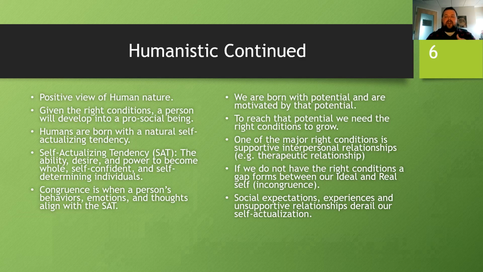We call that an incongruent state because they're divergent, which can cause a lot of stress, fatigue, just feeling stuck. Social expectations, experiences, and unsupportive relationships are going to derail that congruence, which is what causes that split.